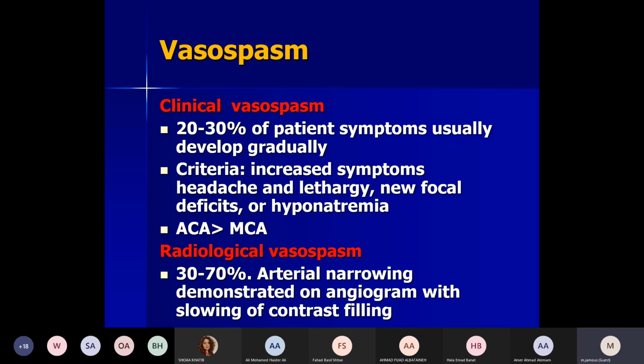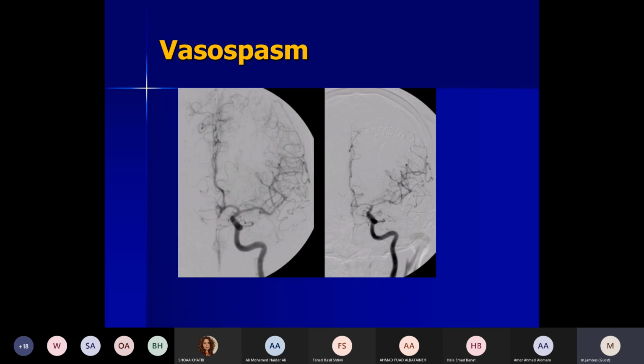We call it radiological vasospasm. This is early angio, and this is after 1 week. We can see narrowing of the ACA and MCA and their branches due to vasospasm.